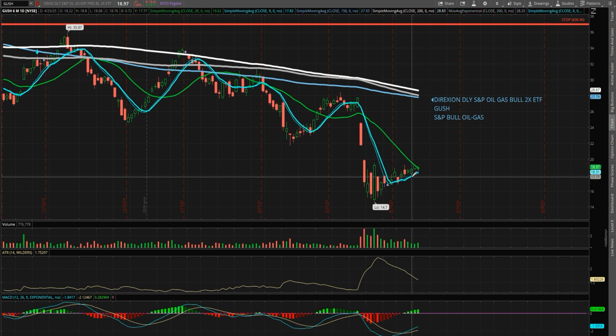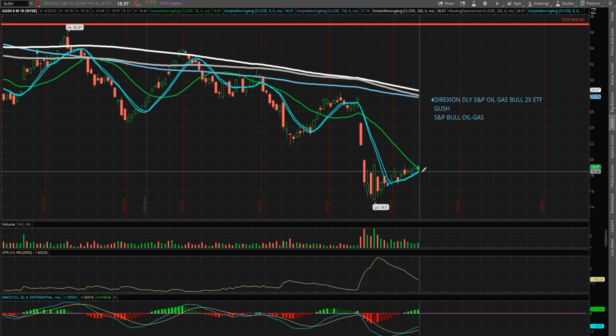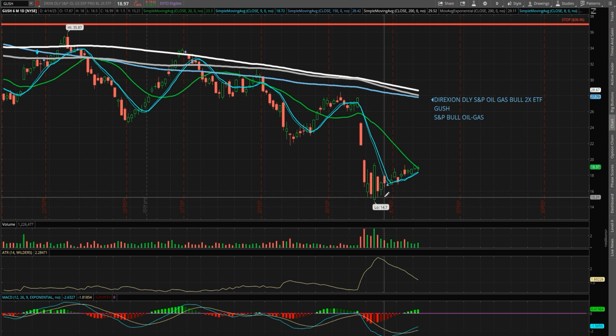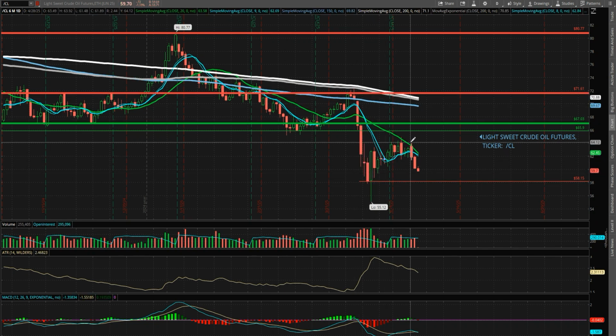GUSH is also the, it's not an inverse, but it actually trades like the oil trade, basically. You see the sell off and then the push up, like oil. Sell off, push up.